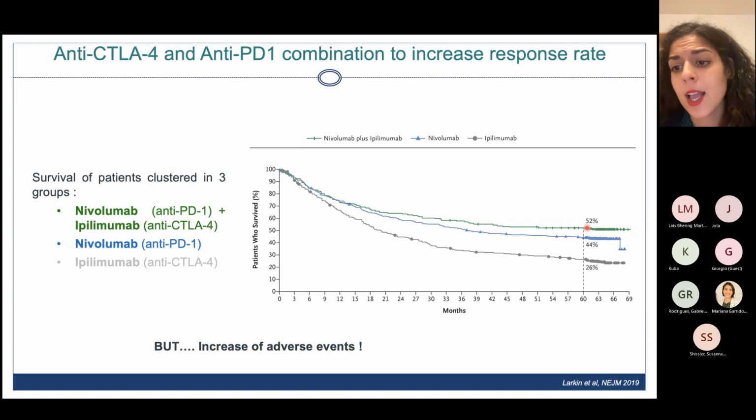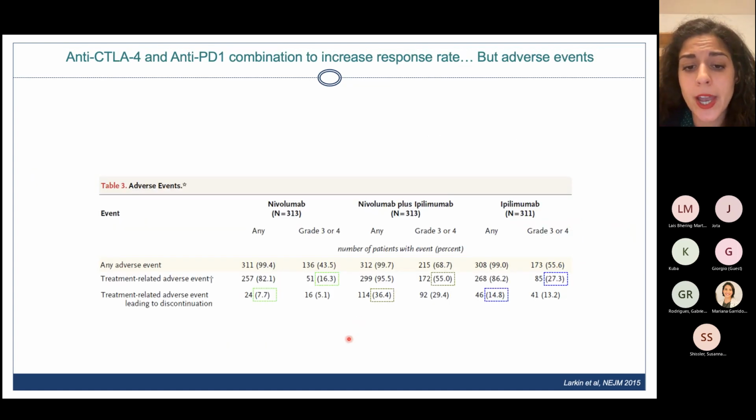But in this case, you can see that the improved efficacy is kind of moderate, while the generation of adverse events is really big, because for example, with nivolumab, you have around 8% of the patients that will develop adverse events, with ipilimumab more, so 15%. But when you add ipilimumab to nivolumab, you have nearly 40% of the people that will have adverse events.